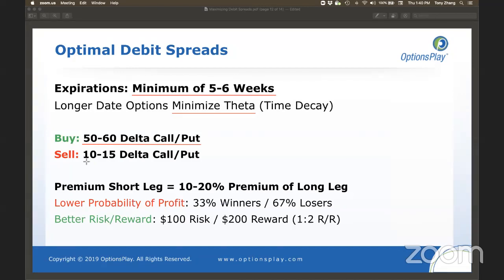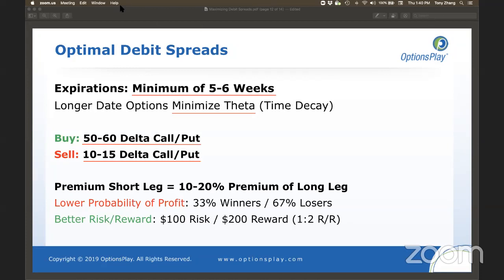And then when we're selling our vertical spreads, like I said, it's tricky to figure out the right balance in terms of selling off the upside exposure that gives you, number one, enough premium to offset the cost of that long call or put, but at the same time, not giving away too much upside, because that's really what you're positioning for. You're positioning for a move. So this is really why we always use delta to help us select a call or put to sell. We always want to sell a 10 to 15 delta call or put.